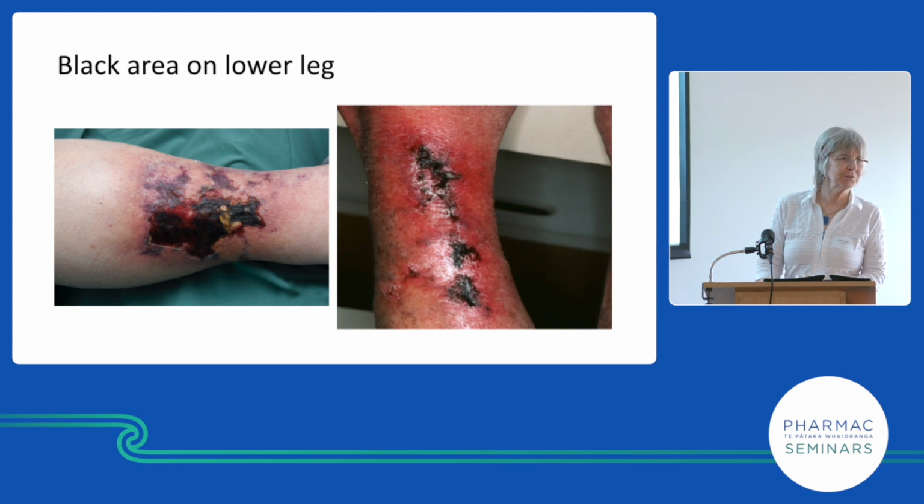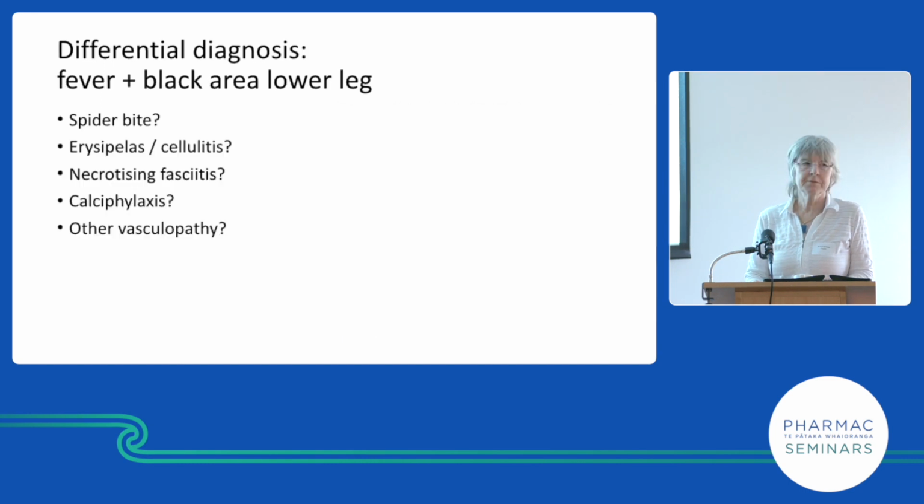Call a dermatologist. We tend to see them late, and no one can remember the history anymore. Fever and a black area on the leg. Neither of those were cellulitis, by the way, or spider bite. So, do you know what a vasculopathy means?